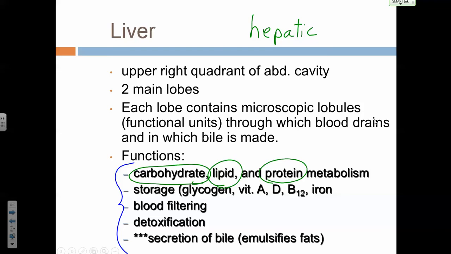So that's the detoxification. You hear about long-term alcoholism resulting in a condition called cirrhosis of the liver. All right, what that is, alcohol chemically is a lot like a simple sugar. It's absorbed quickly, even can be absorbed at the stomach. And the first place it's going to go is the liver.